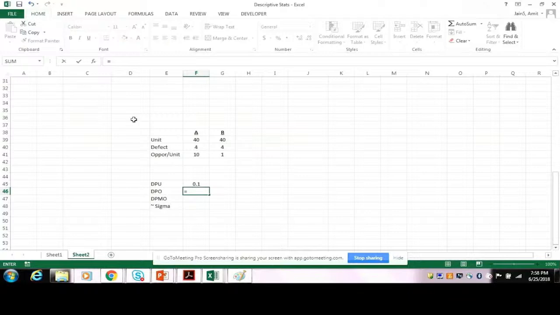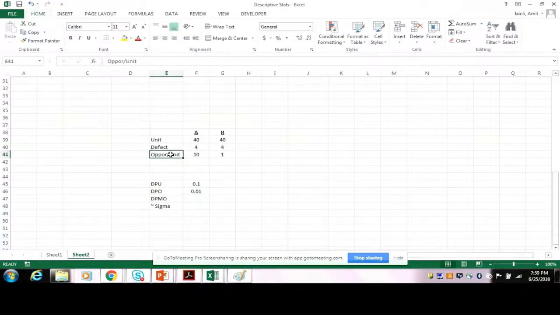Let's see. Total number of defects that we have is 4 divided by total number of units. Oh, okay, I did that wrong. Remember, total opportunity, 0.01. So it's total units times opportunities, because this is opportunity per unit. Okay. How much is DPMO?